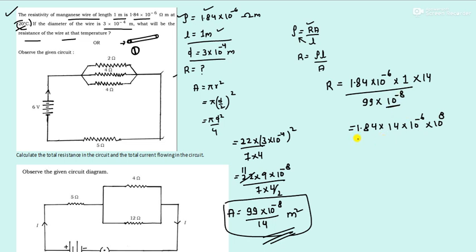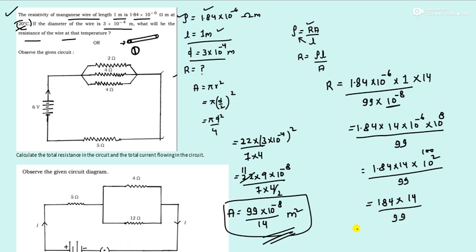I hope you know that exponent rule, divided by 99. Now 8 minus 6 is 2. So 1.84 into 14 into 10^2 divided by 99. 10^2 means 100, correct? So this becomes 184 into 14, divided by 99.